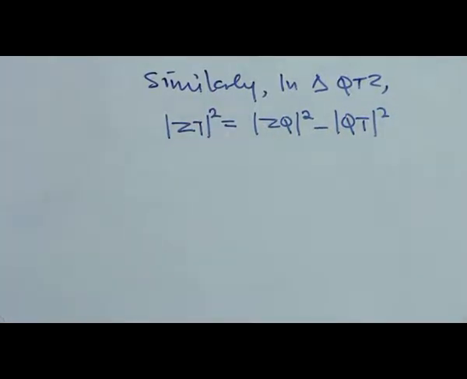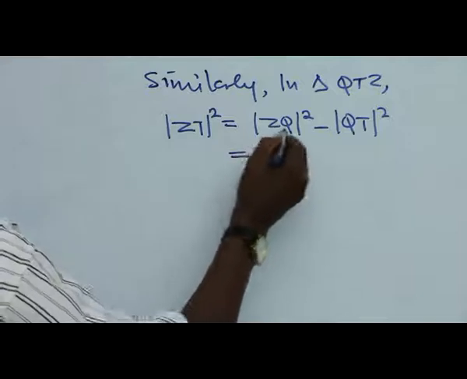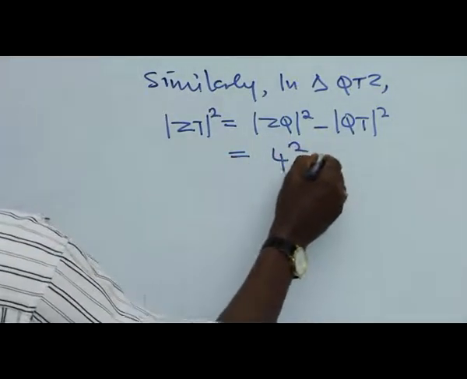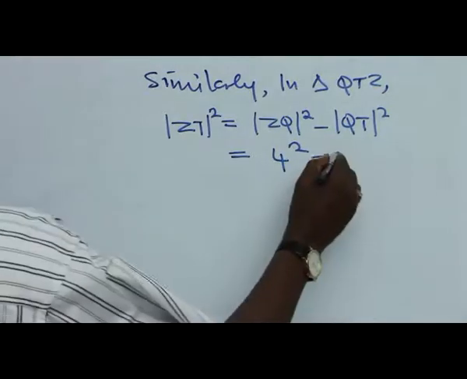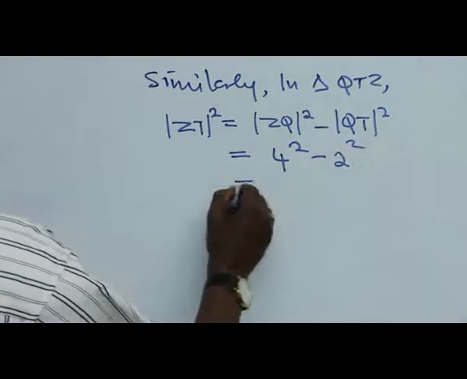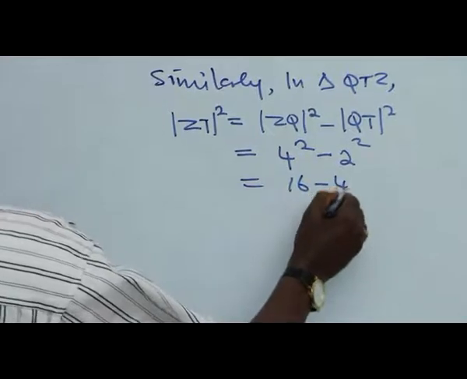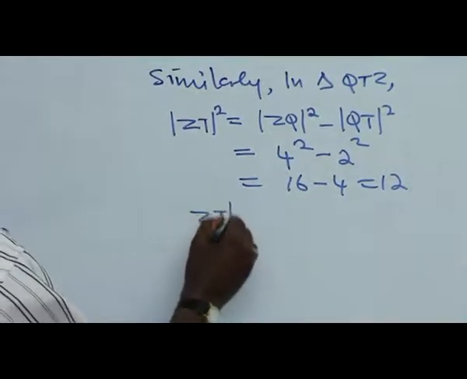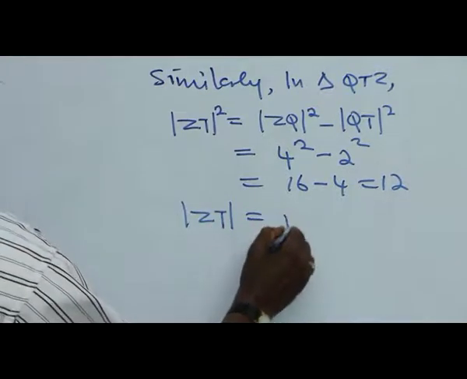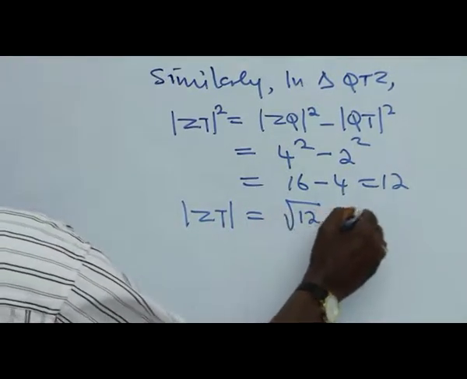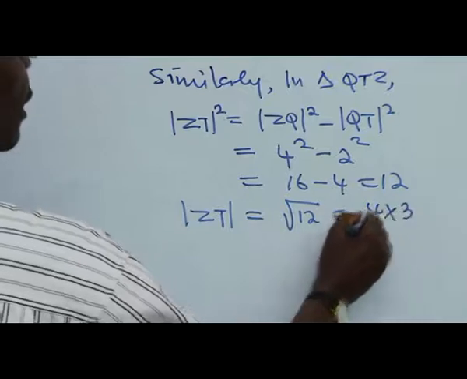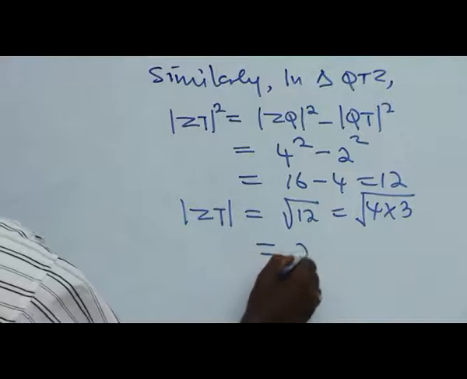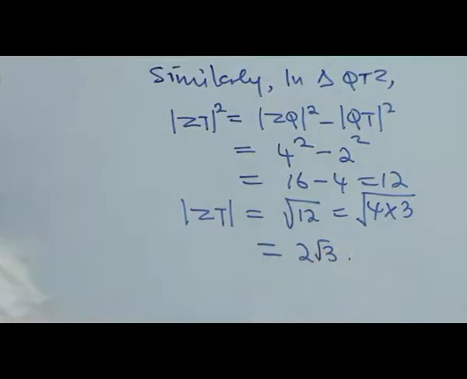Let's leave it as ZT squared. Now, what is our ZQ? Our ZQ is 4 squared. Our QT is 2 all squared. That will give you 16 minus 4, and that is equal to 12. Therefore, our ZT will be equal to the square root of 12, which is 4 times 3 under square root, and that will give you 2 root 3.